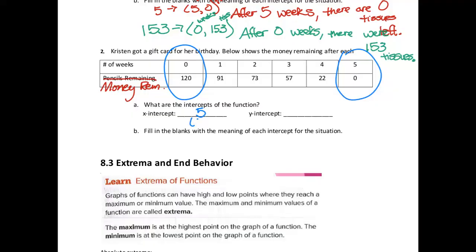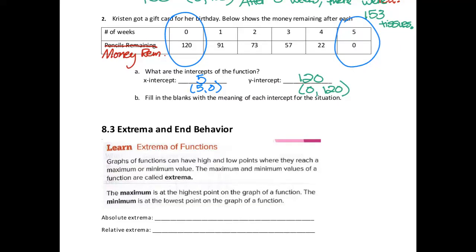But I would also take 5, 0. They're both accurate. What is my y-intercept then? Come on, if we've already done the x, it would be, Kaylee, what would it be? Yes, 120. Or you could put 0, 120.